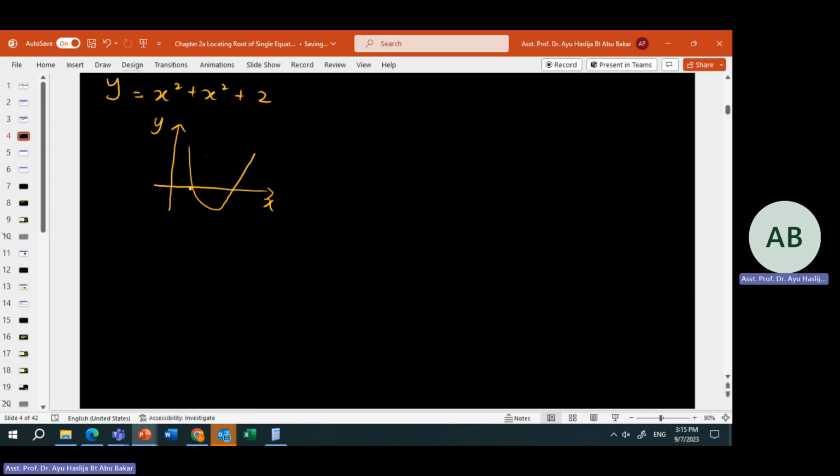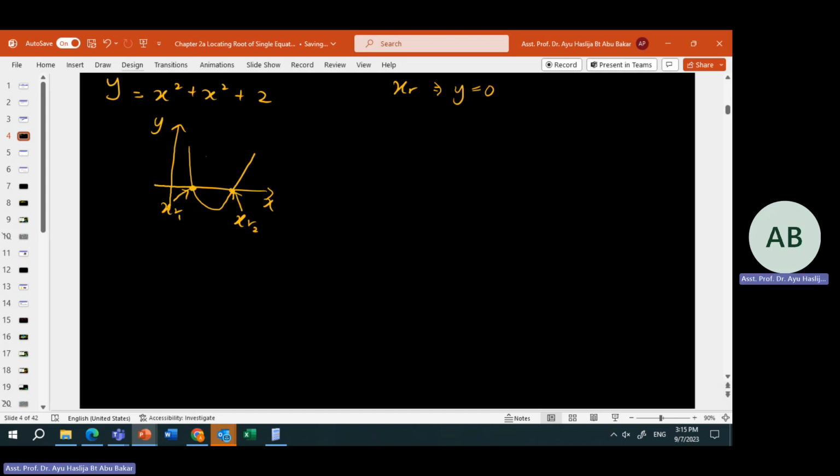This is just a rough estimation. Now here you see XR, which is the root, is when y equals 0. So here is your XR, when y equals 0. So you have two XR points over here.